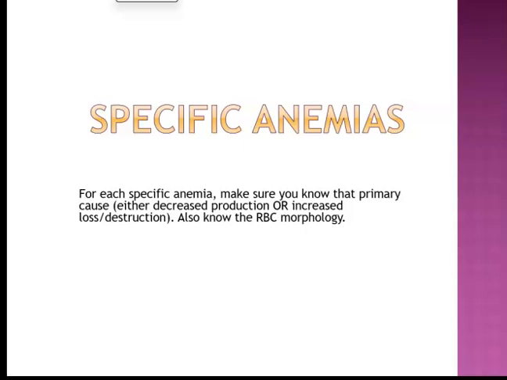We talked about a few on the previous slides, and we briefly did an overview, but we're going to get into some of the nuts and bolts of each of these anemias. For each specific anemia, make sure that you know the cause, whether it's a decreased production or an increase, and also know the red blood cell morphology associated with that anemia.